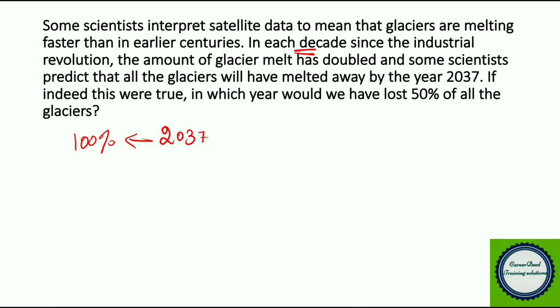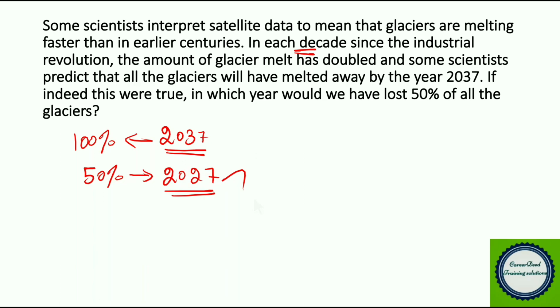So if every decade the melt is doubled, we will get 50% before the decade of 2037, that is 10 years before 2037, that is 2027. So this becomes our answer, right? We don't need any mathematical calculation, only logical thinking to solve this kind of problems. So again, this is a TCS NQT question.